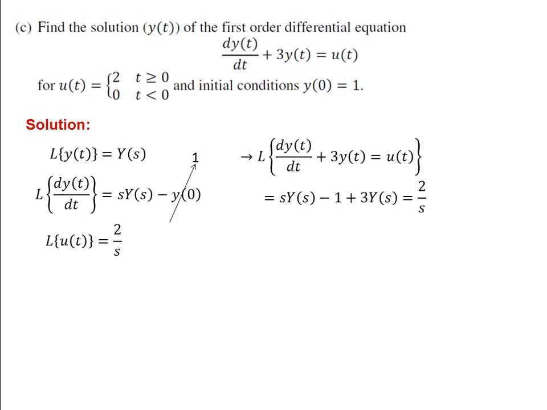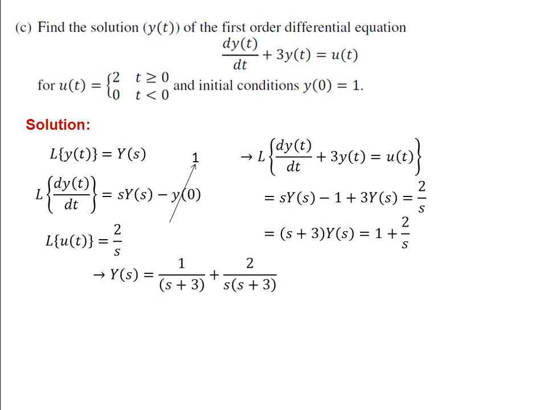If I reshape the relation and factor out Y(s), I will have (s plus 3) Y(s) equal to 1 plus 2 over s. So Y(s) is equal to 1 over s plus 3 plus 2 over s(s plus 3). As you see here, the Laplace transform of the response is composed of two fractions.